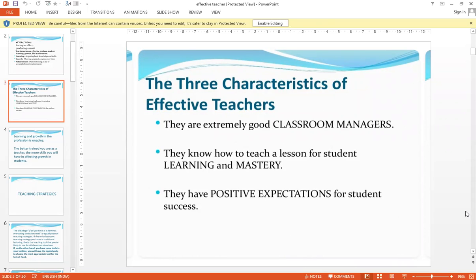We have number 3, that is they have positive expectations for student success. One of the most important things in being a teacher is that we must always have positive expectations for the students.